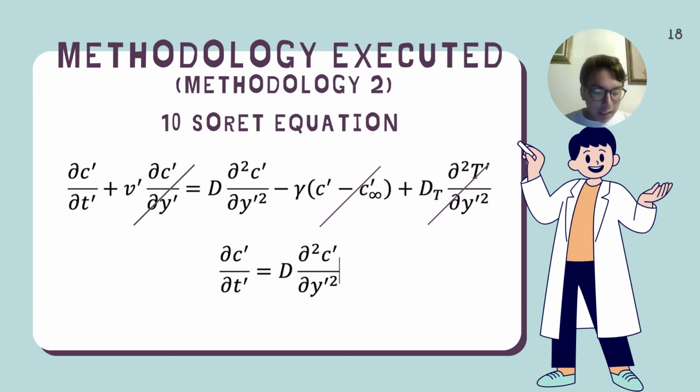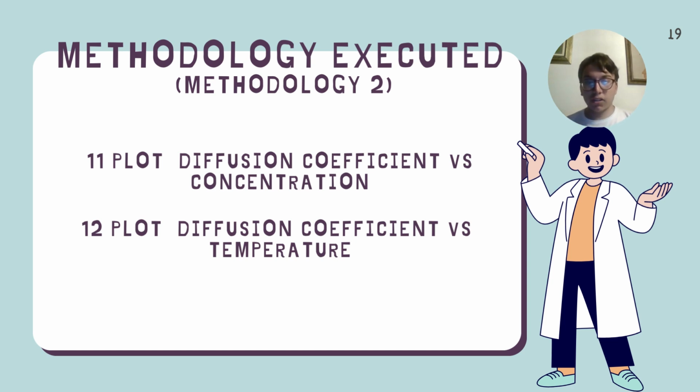The second one we omit because we assume that we have the same temperature inside the jar all the time. And finally, we omit the last term because we assume that there is no temperature change between the water and the mosquito repellent.